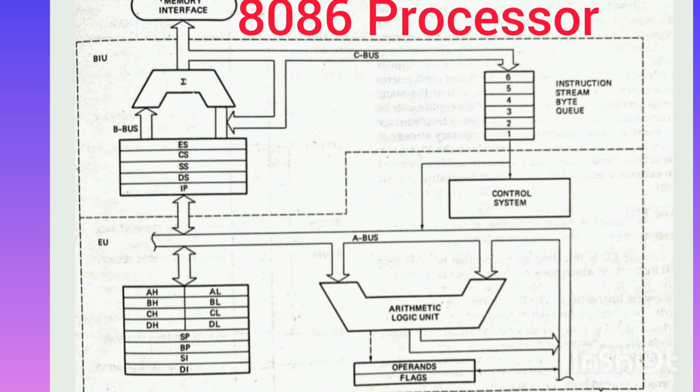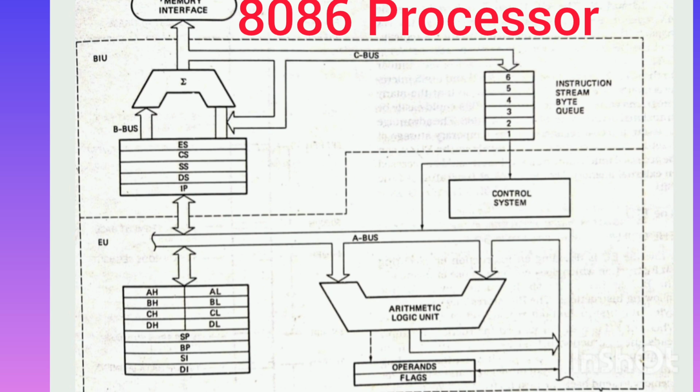However, 8088 processor has an 8-bit data bus. Therefore, it can only read data from or write data to memory and ports 8 bits at a time. The 8086 processor can read or write either 8 or 16 bits at a time.